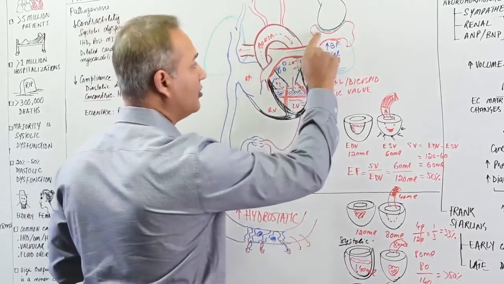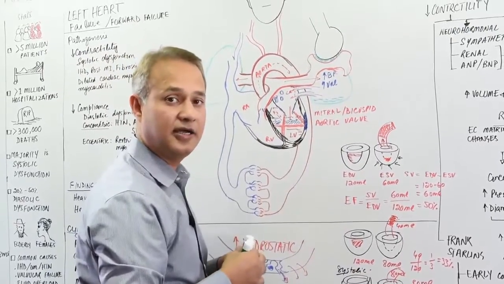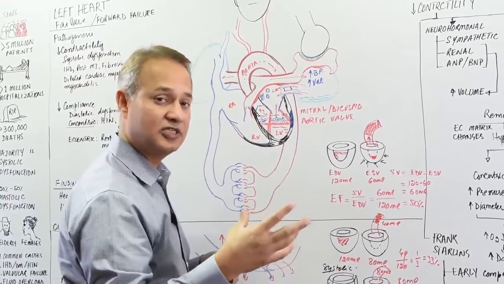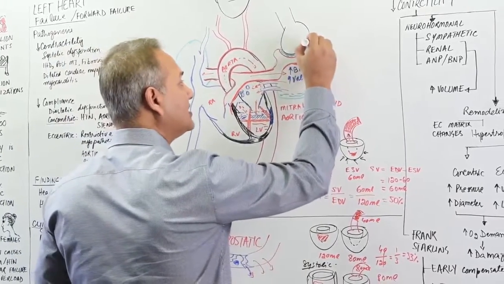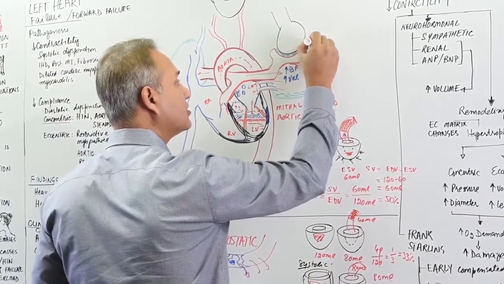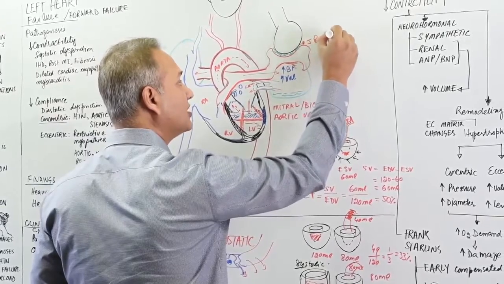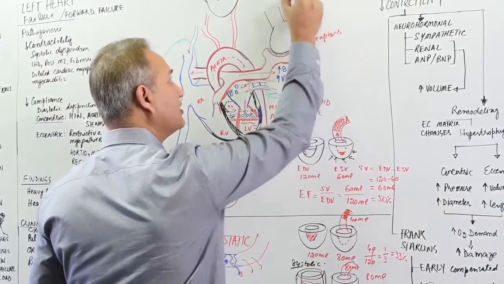So now, first of all, interstitial transudate is present, edema is present. That would cause the pericapillary J receptors to become triggered. These receptors are connected with the vagus nerve.